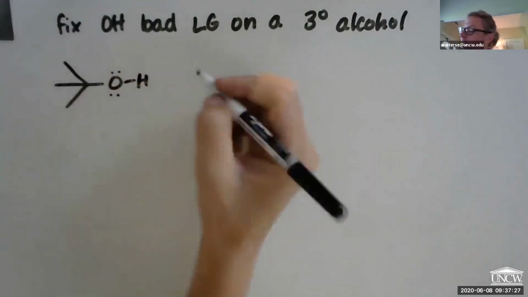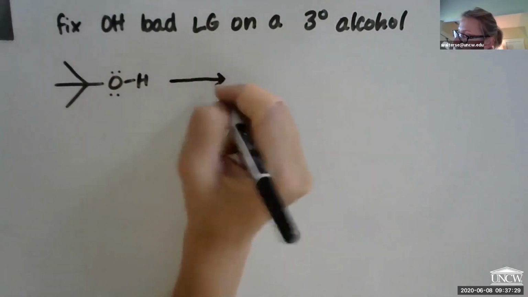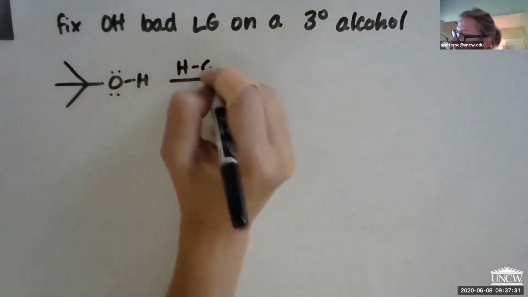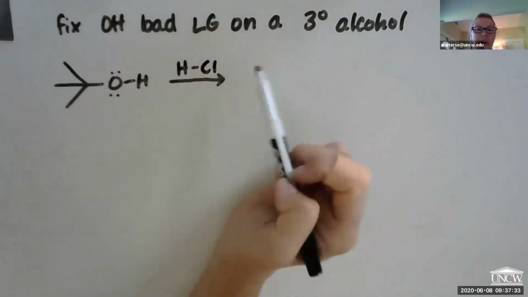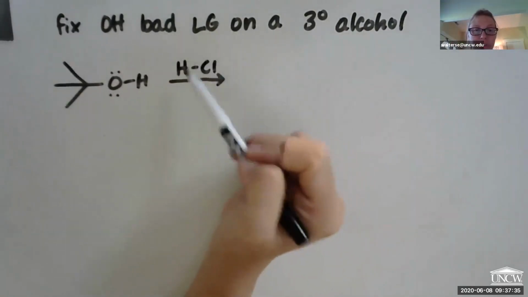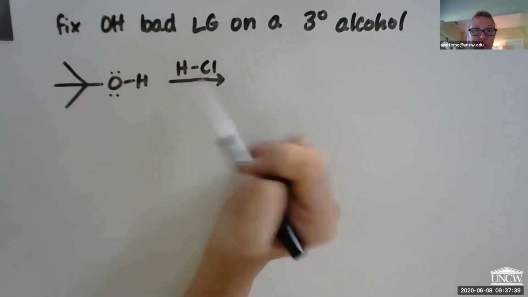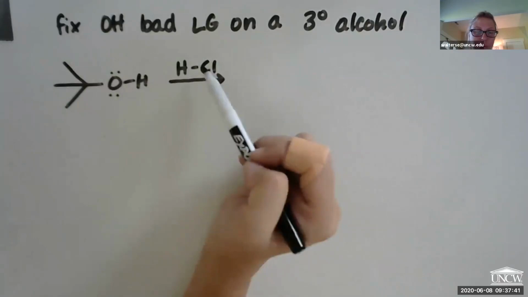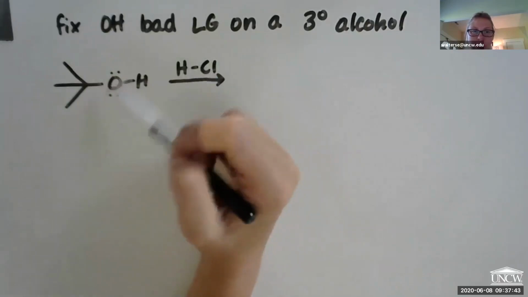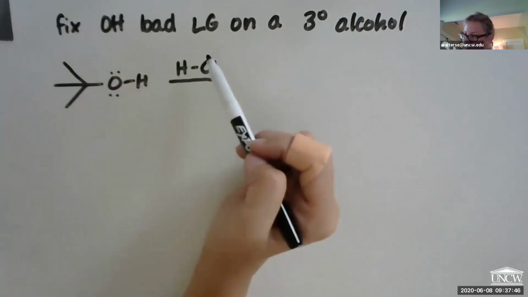Okay. And we're going to treat it with a strong acid, HCl. Now, because we're choosing to use HCl, the chloride is going to end up being the nucleophile. So if you wanted a bromine on here, you would use HBr. But this is good for right now.